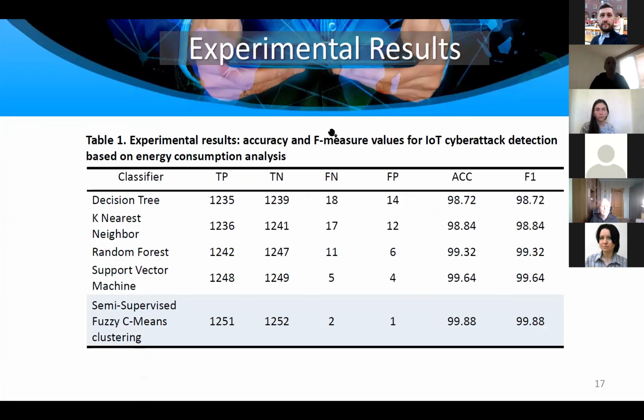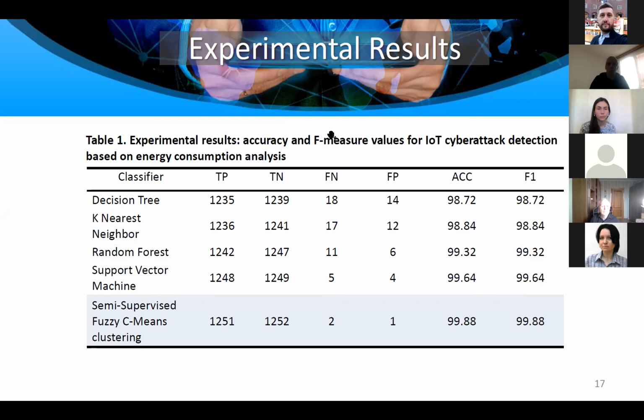For the purpose of classifying the malicious samples, support vector machine, nearest neighbor, decision tree, random forest, and semi-supervised fuzzy C-means classifiers were applied. The results of the experiments showed high efficiency of IoT cyber attack detection based on the energy consumption analysis.